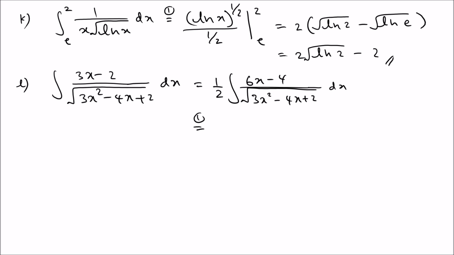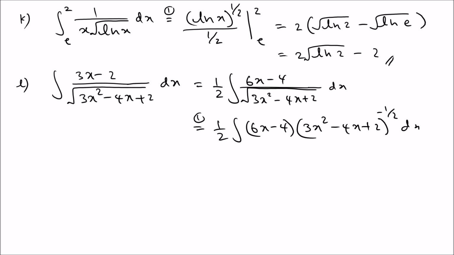So you can simply treat this one as x. If it's not clear, we can rewrite this one if you want, but this step is not necessary. You can bring this to the top. So 3x squared minus 4x plus 2 to the negative 1/2 power, dx. We can write it like that.